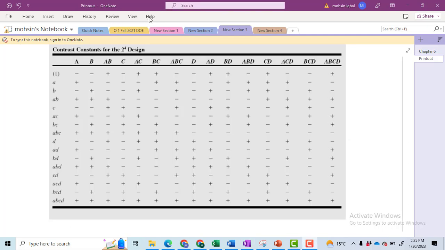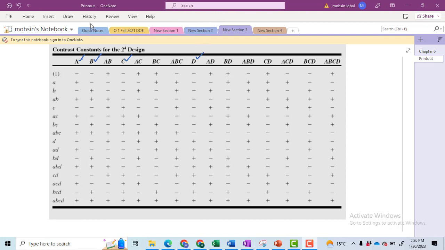This table is very important in order to calculate the contrast, effect, or sum of square. From the start, you have only four columns: A, B, C, and D. By using these four columns, you have to calculate all of the rest of the columns. So how can you calculate it?